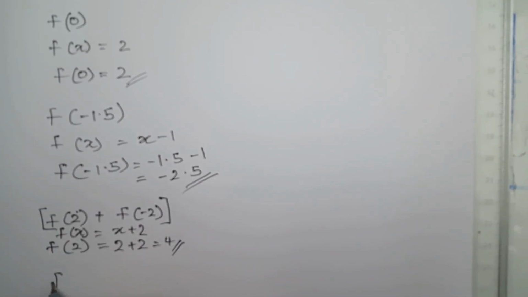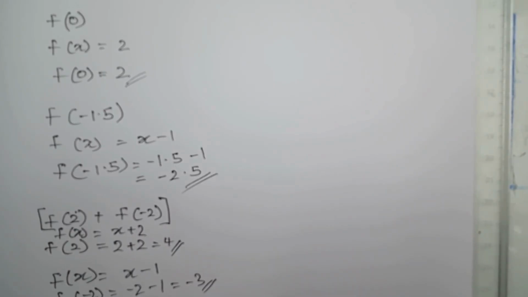For f of minus 2, f of x is equal to x minus 1. So f of minus 2 is equal to minus 2 minus 1, that is minus 3. So we should add these two, f of 2 plus f of minus 2.